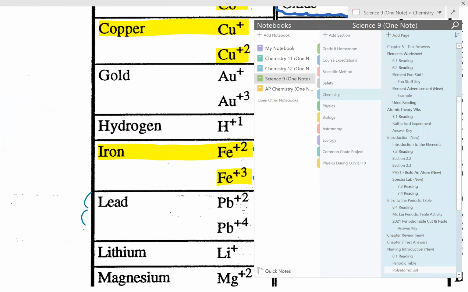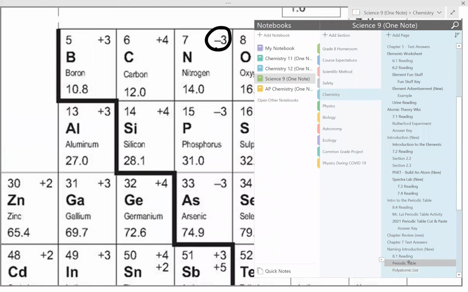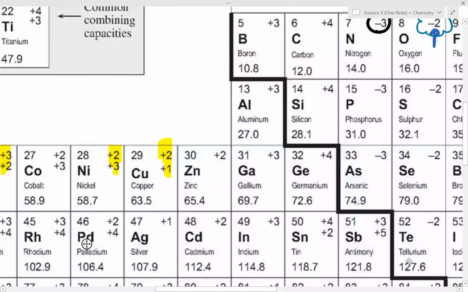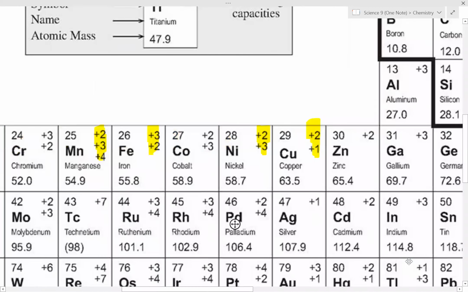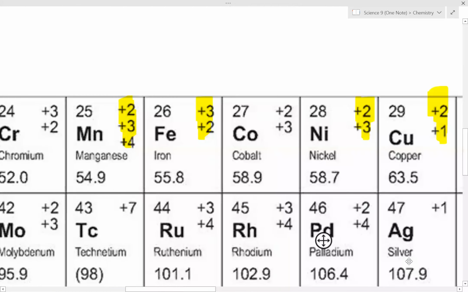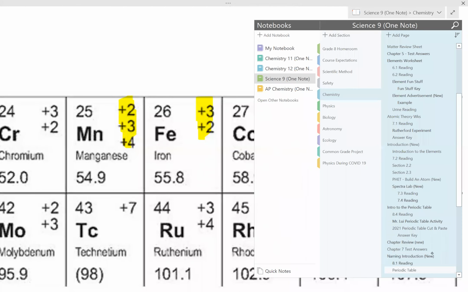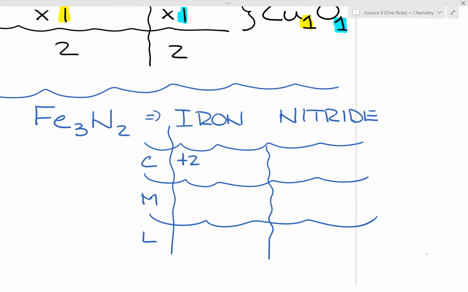But you also look at the table, you notice here, iron also has a +2 or +3. Okay, so that's two ways to check. So which one do we use? So let's set this up. Iron is either +2 or +3. Now, you might say, okay, no help there.